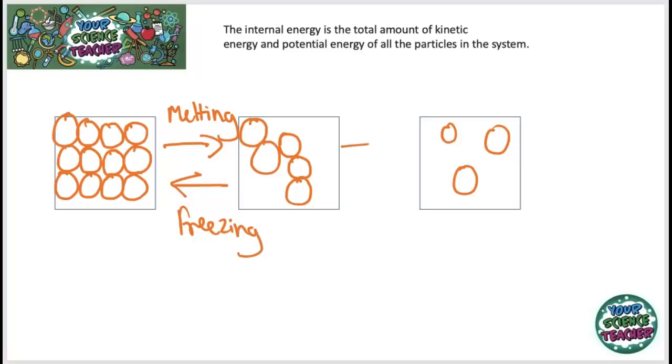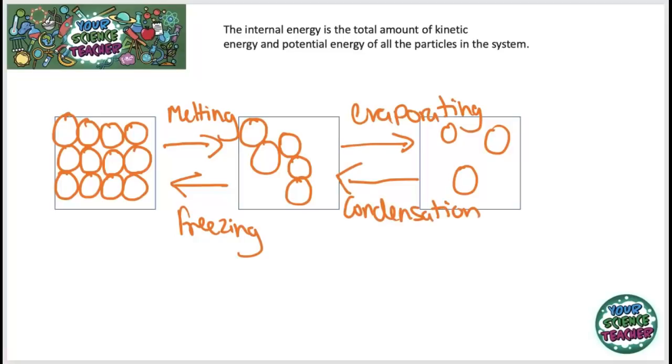From a liquid to a gas is called evaporating, and going from a gas to a liquid, and you'll see this if you blow on glasses, you get what's called condensation.